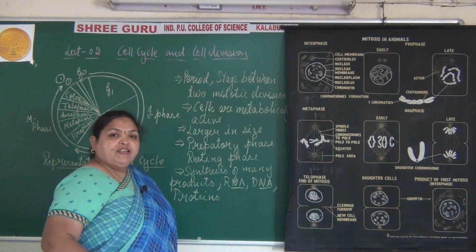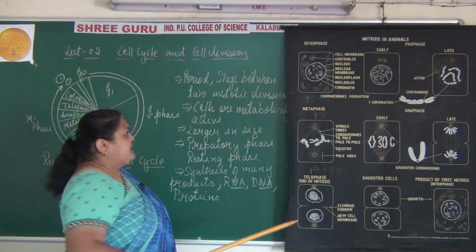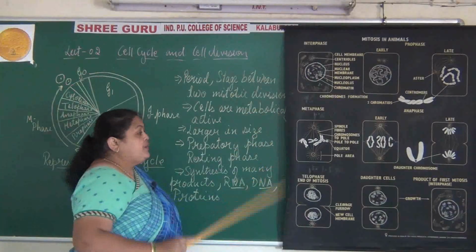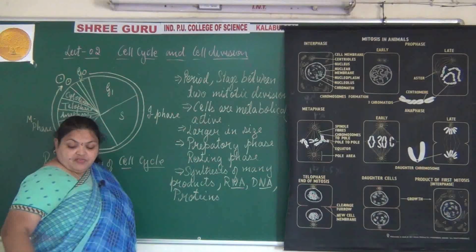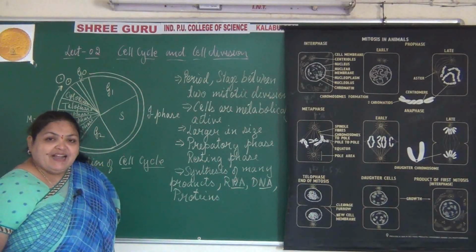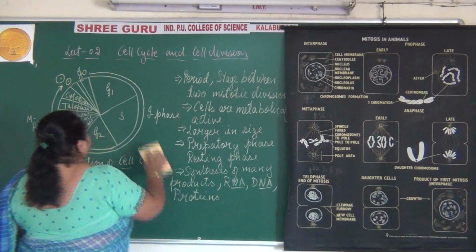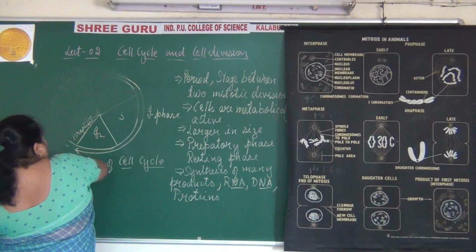But the main component in the process of interphase is the nucleus. So we begin with the stages of the interphase. In that, the first substage of the interphase is the G1 phase.